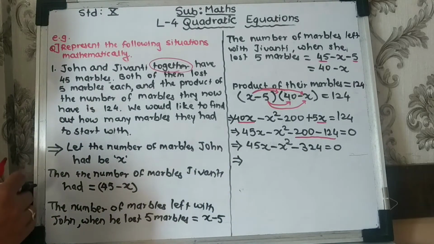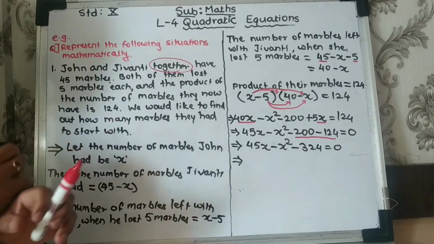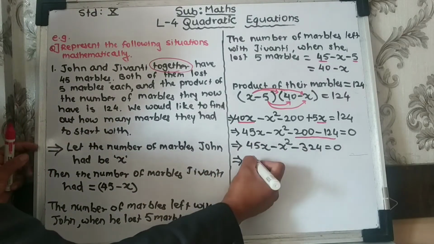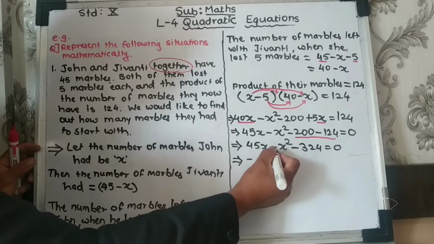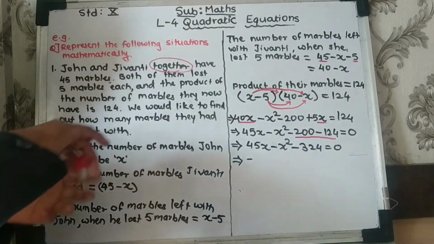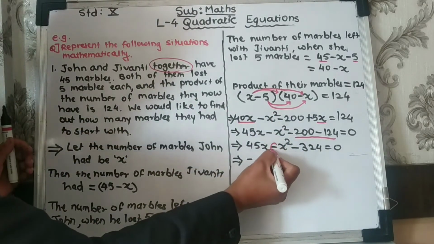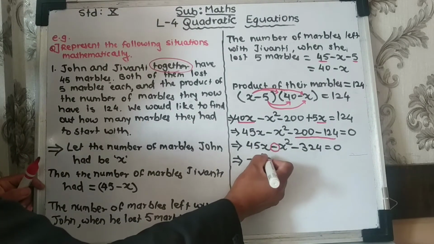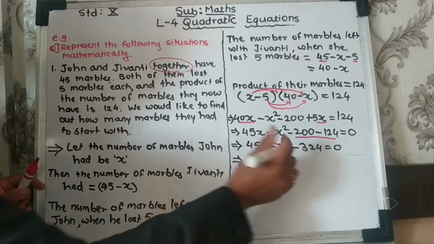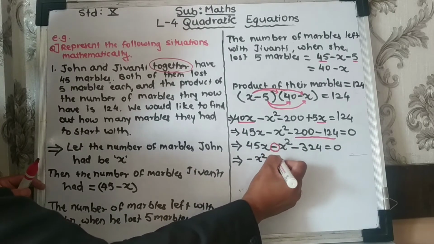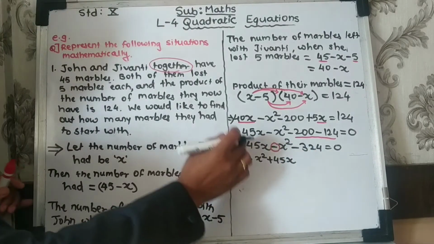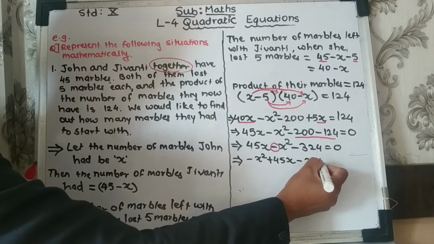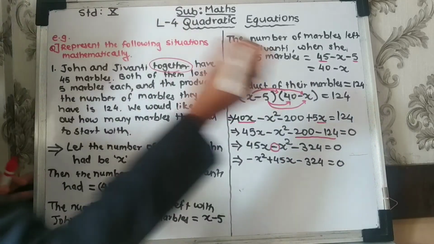We are just going to change their places. x square will come in front, but along with the sign, this minus sign is of the x square. So minus x square, then after that we should have the 45x. So 45, it has no sign, that means plus sign, minus 324 equals to 0.